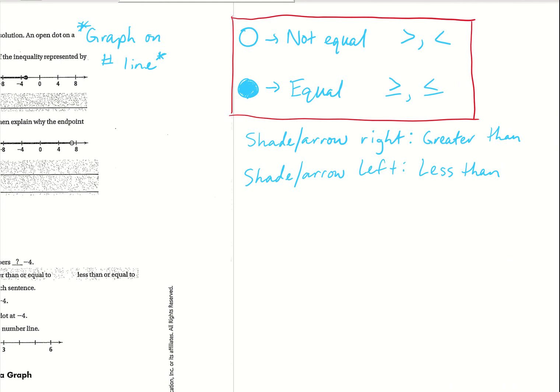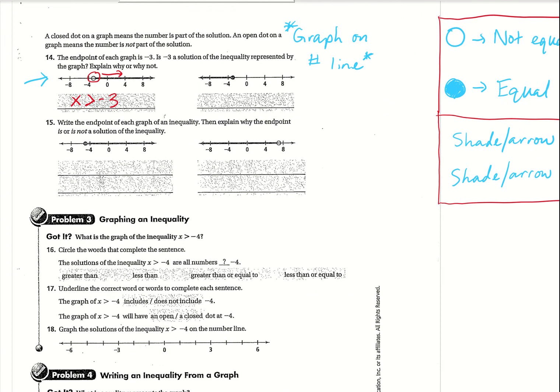If the arrow or the shading, whatever you or the book chooses to do, goes to the right, that means it's going to be greater than. If it goes to the left, it's going to be less than. On 14, it goes to the right, which is why I said it's greater than -3.